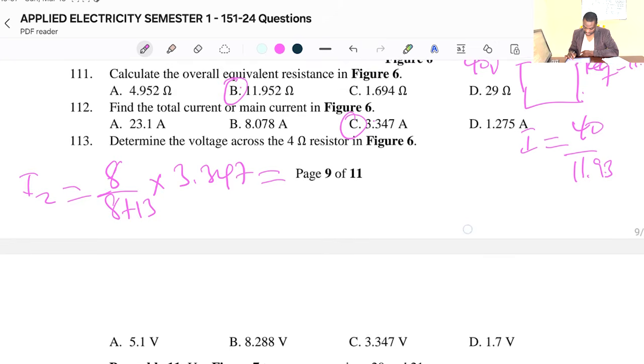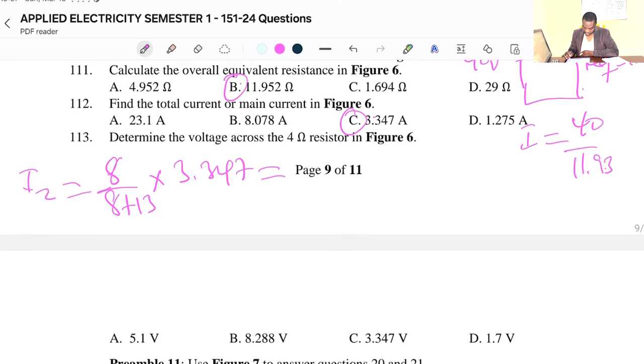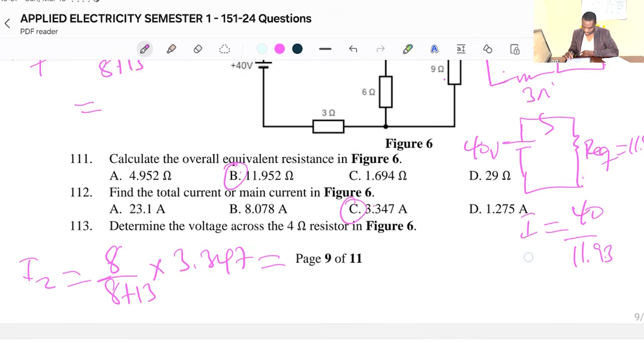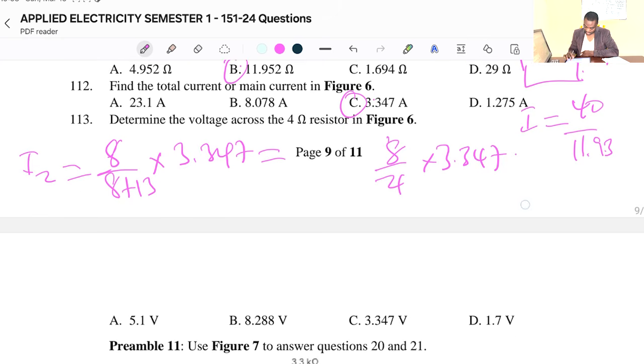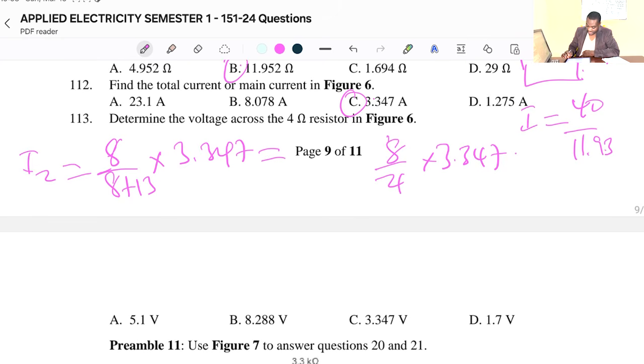I get the answer to be somewhere 1 point something, right? 8 plus 13 will be 21, so you have 8 over 21 times 3.347. Okay, so we have this as a current.